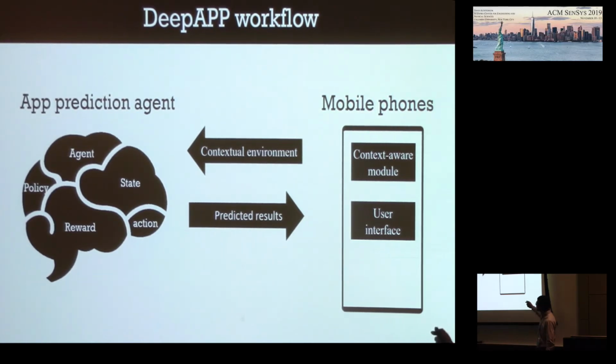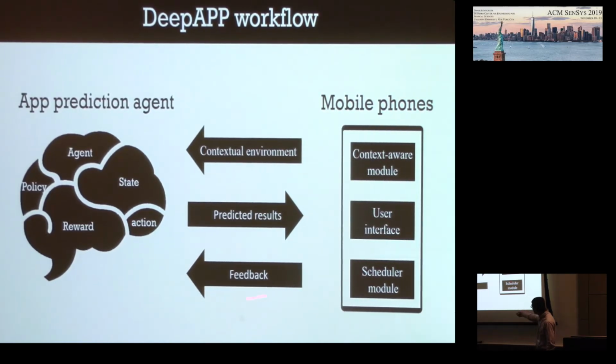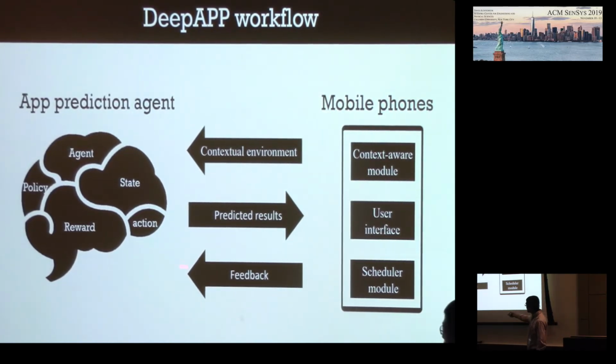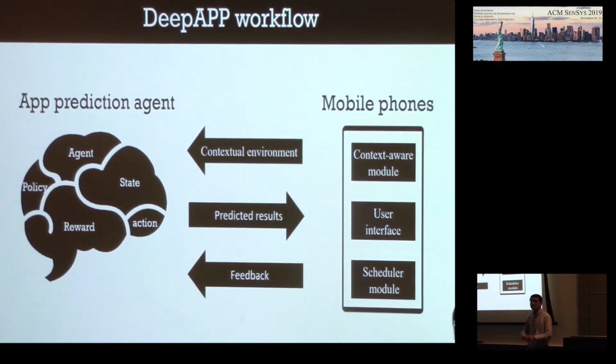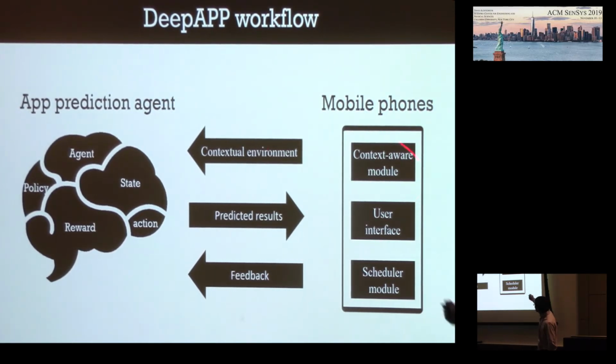And then we use a user interface to provide our results to the user. And then in the next time slot, the user will use it or the user will not use it. But based on the feedback from the smartphone, we can calculate the reward and update the agent policy gradually. Okay? So this is the workflow of our system.